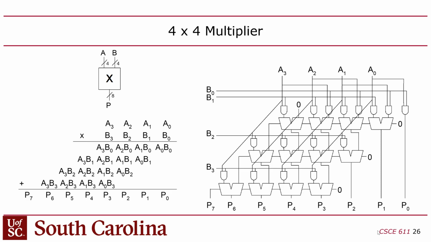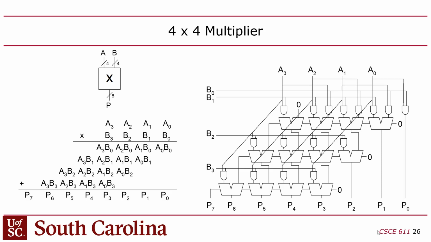And then you have B bit 1 being fed into another set of AND gates. So this way, what you're doing here with this first layer of adders is you're adding together A, all the bits of A, ANDed with the single bit value of B0, right? And you're adding that to A ANDed with bit 1, but that one is shifted 1 bit to the left.